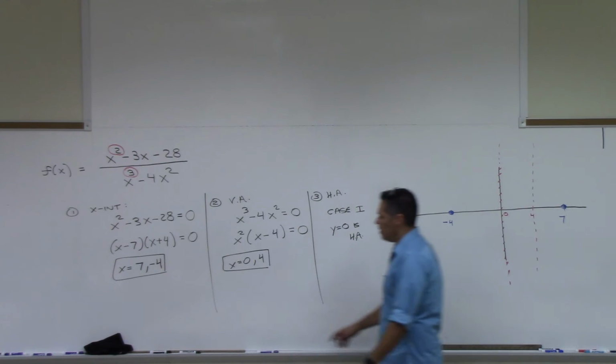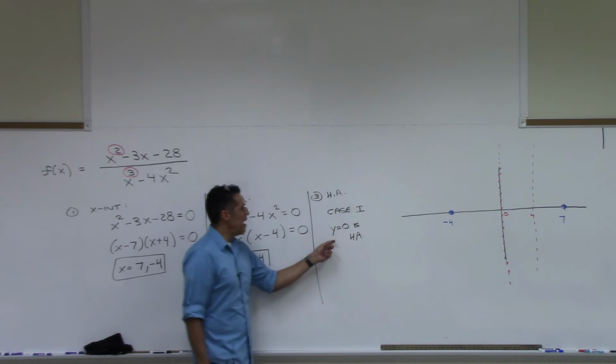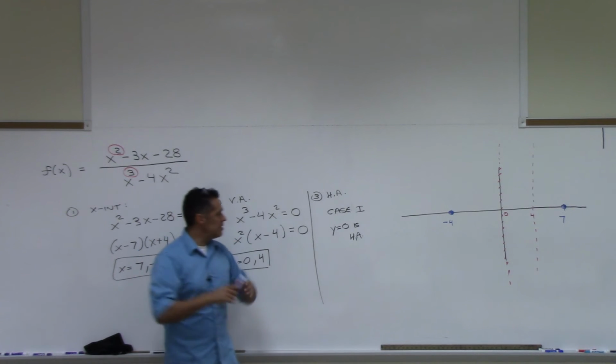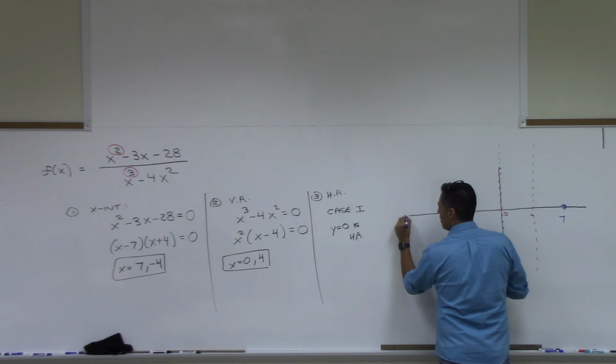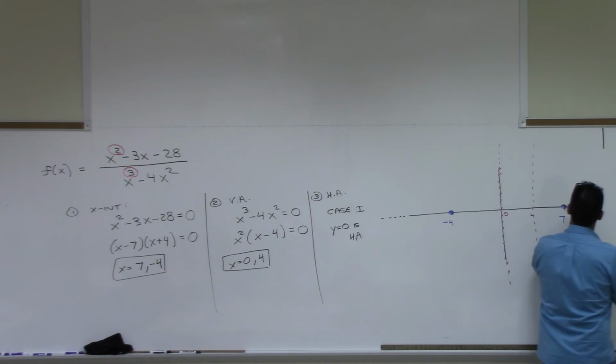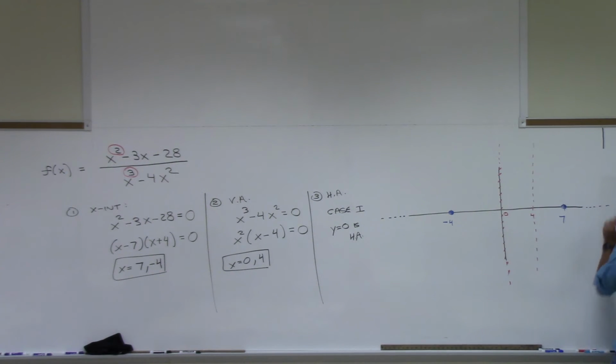And then finally, my horizontal was case 1, where it's the x-axis. So I put only at the edges, right? Only at the edges. Draw over here. I'm running out of room over here. Okay. Is that part all right?